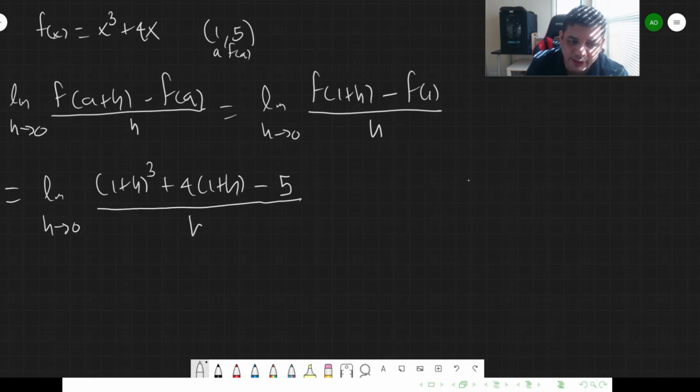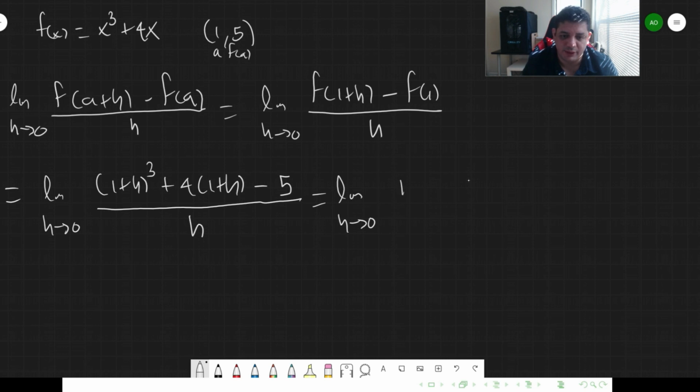divided by h. Okay, so this limit, if you take it right away, you're likely going to get a 0 over 0 situation. So you need to open up this limit, because in this way, if you get a 0 in the below and you get a 0 above, that's not going to fly. So the way that we work with this is we open up this cube situation.